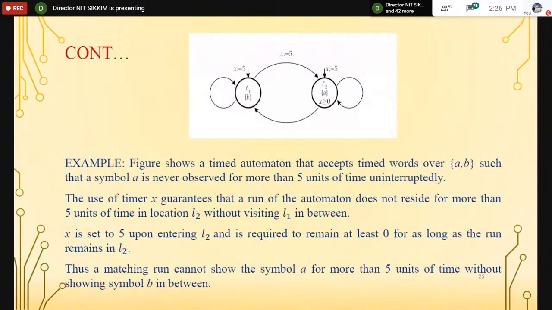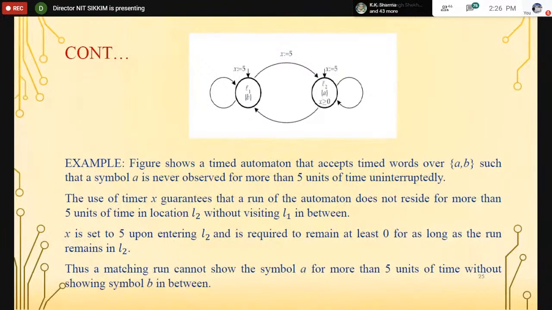Now this is an example where you have a timed automaton. You can see X is a timer, and there are two states, L1 and L2. These are called locations, as we have said, rather than calling them states. And then we have these edges or transitions.